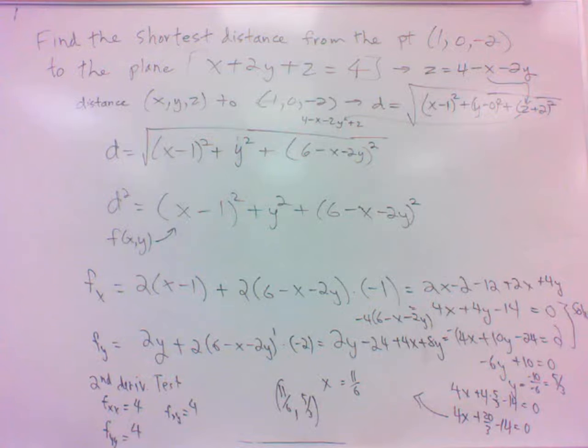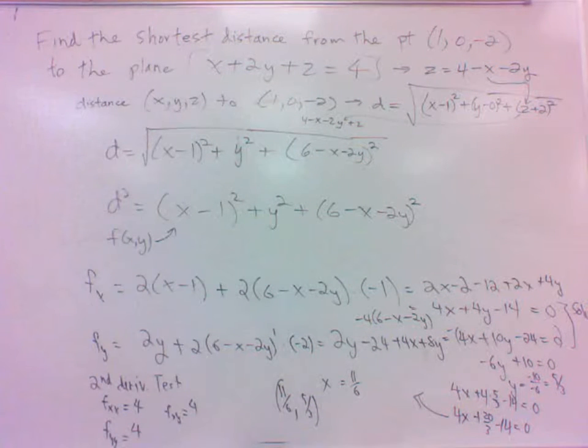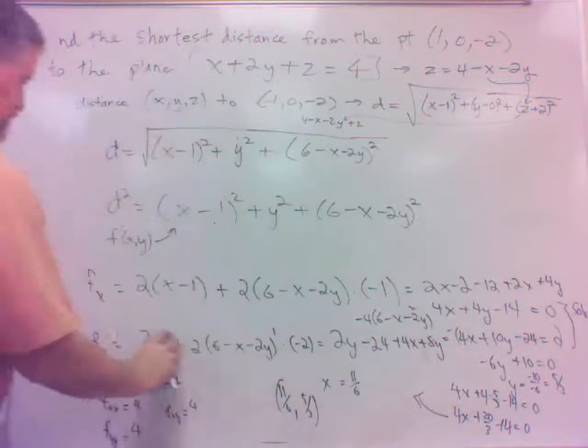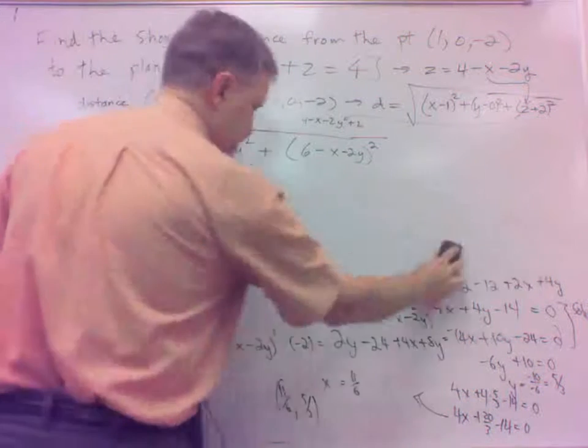All right, so what we get there is our d of fxy, dxy is, I think I can erase this.